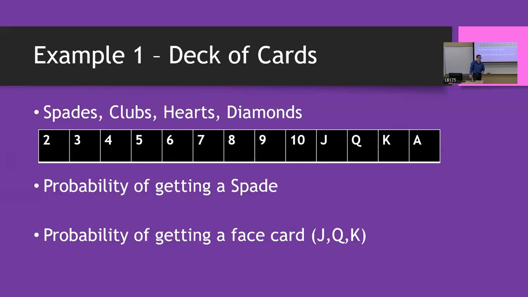Everybody follow that? Most people have probably dealt with standard decks of cards before, but at least you want to go over that. So if there are 13 cards in 4 different suits, 13 times 4 gives you 52 total cards.